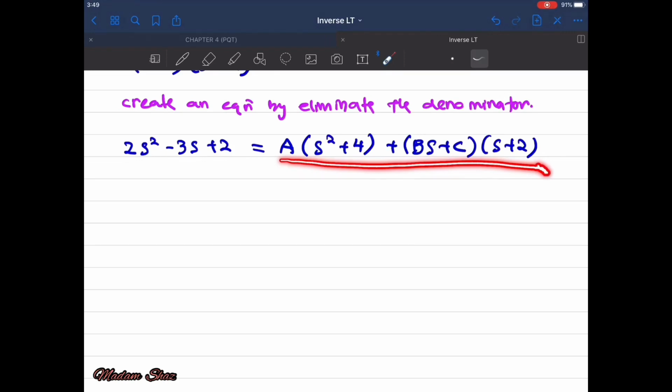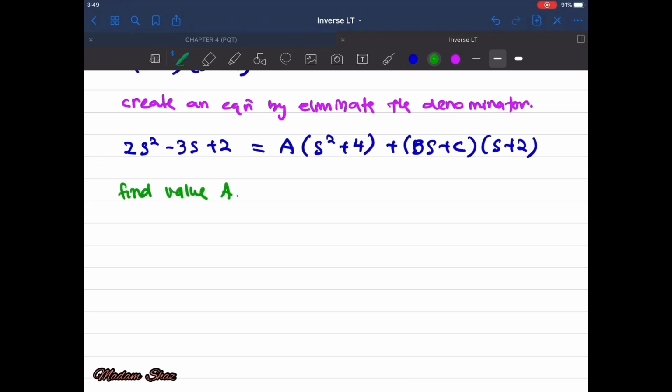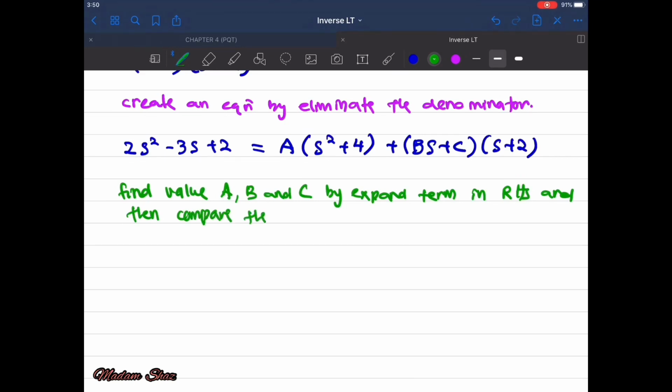So I will use that method for this example. Find the values A, B and C by expanding the terms on the right hand side and then comparing the coefficients.